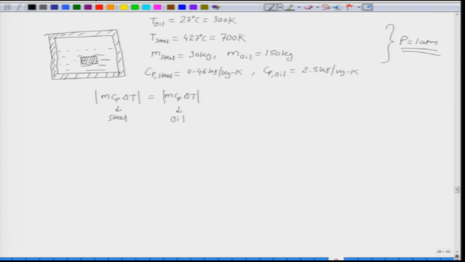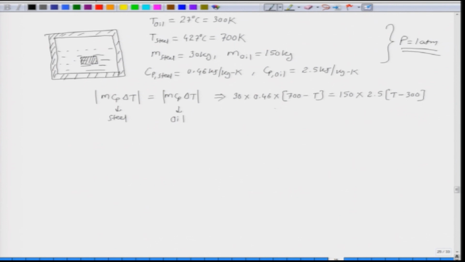So, we can write 30 times 0.46 times (700 minus T), where T is the final temperature, should be equal to 150 times 2.5 times (T minus 300).